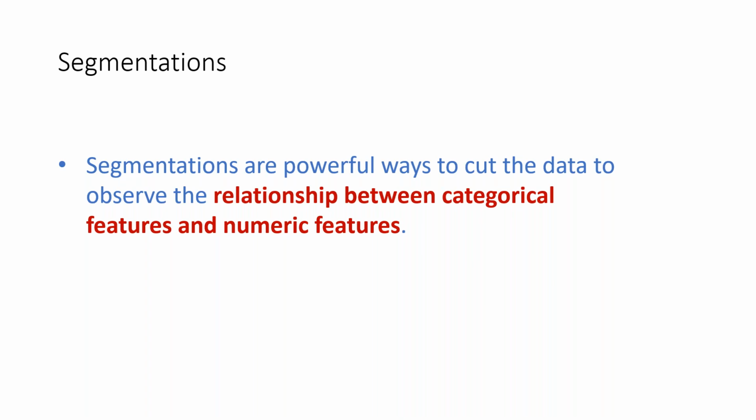Or maybe I want to see property type and square footage. Do apartments have more square feet, or do independent homes have more? Common sense says that independent houses will have more square feet. So we will look at whatever is interesting for us from property type with the rest of the numeric features.